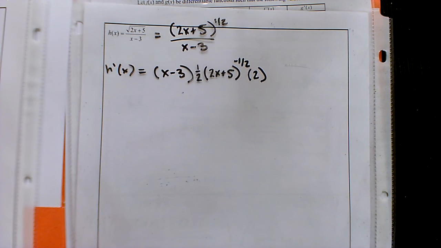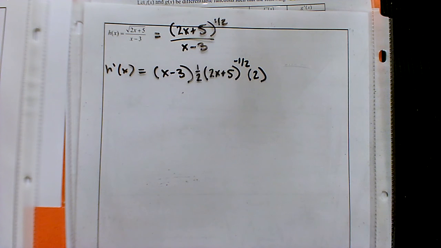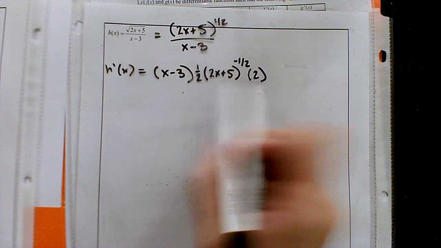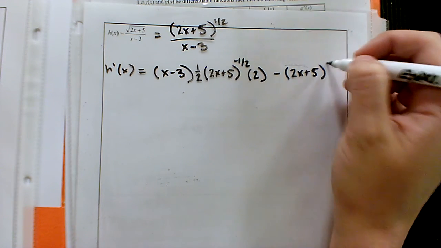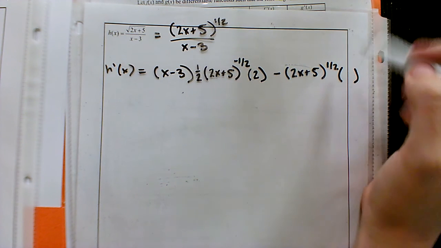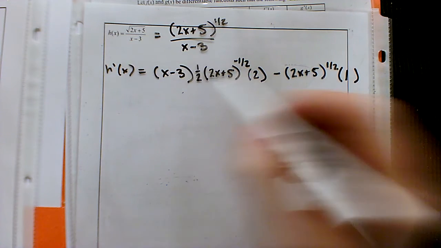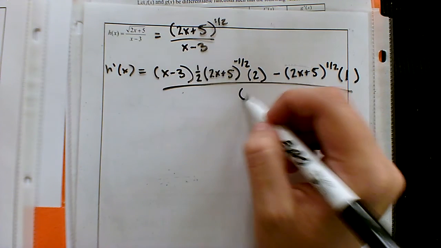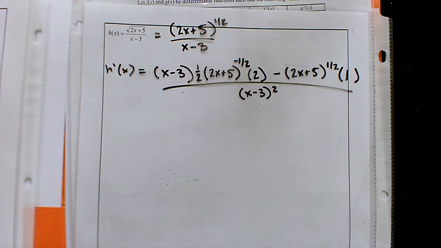Okay? Now we just finished the chain rule, but we said we need to start and end with the quotient rule. So we still have more to do. This was low, d high, minus high, d low would be 1. Square the bottom, and we're good to go.